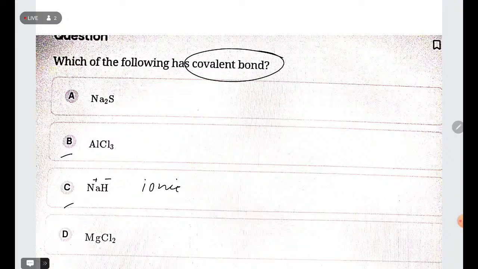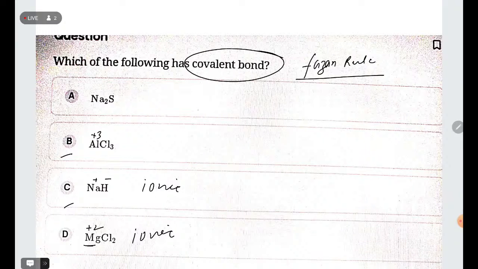MgCl2 is also going to be ionic, student, because this question is based on Fajan's rule. Here the charge of the cation is small, but the anion is large, so that is going to be ionic. But here you see, the charge is plus 3, here it is plus 2.